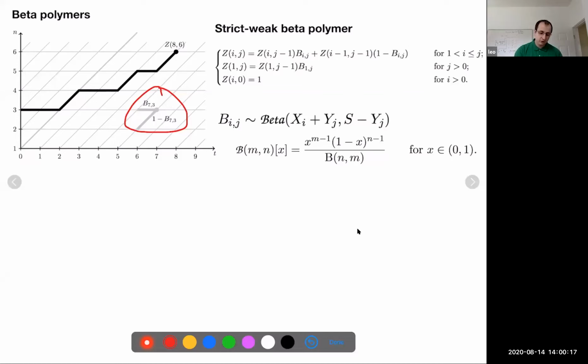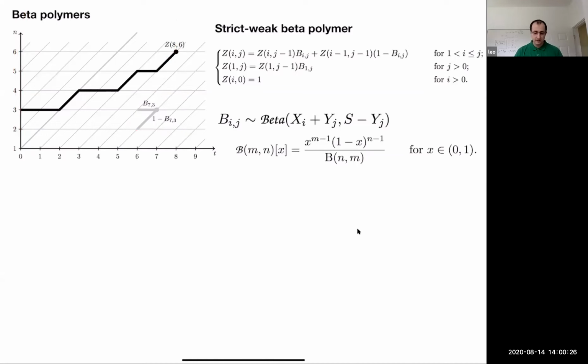Then Z is the partition function of all paths going from the left boundary to your point. Because it's a partition function, it satisfies a random recurrence. This model was introduced by Ivan Corwin and Guillaume Barraquand 5 years ago. It has been solved, and there are some asymptotics you can do using contour integral formulas.